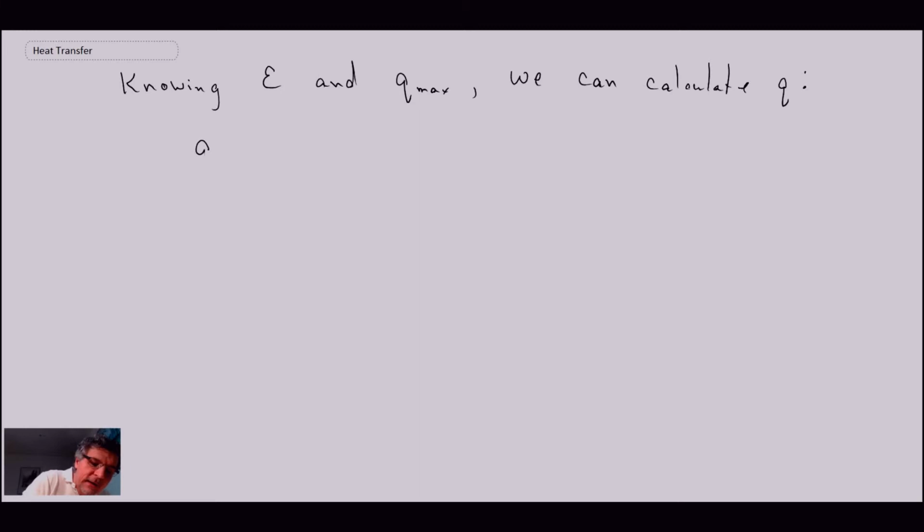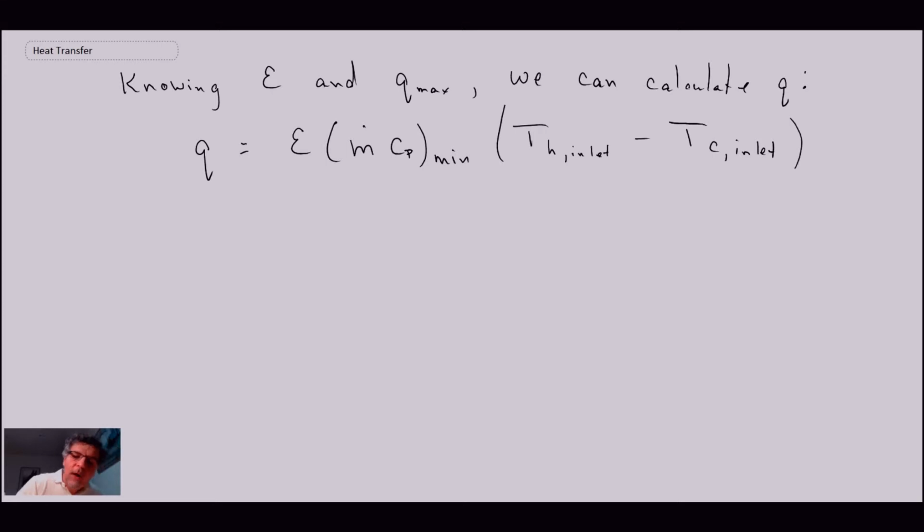And so we calculate Q in the following manner then. That is the way that we evaluate the heat transfer if you know your effectiveness and you know your minimum fluid. Now the terms that are common in the Effectiveness-NTU method.